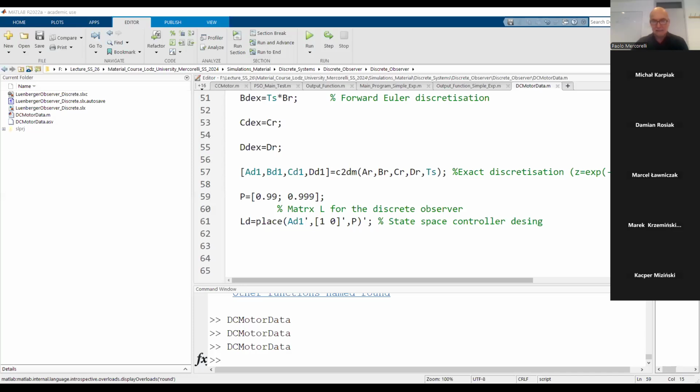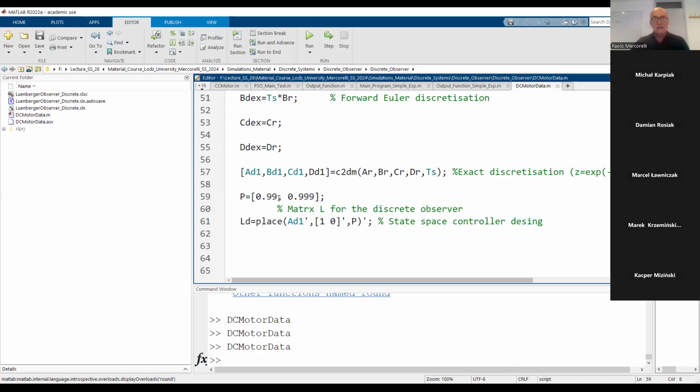Peaking effect. In this case, it is not so nice because it's a peaking connected with a non-minimum phase. This means, let me write here, it seems to be two dynamics very close, but they are not.